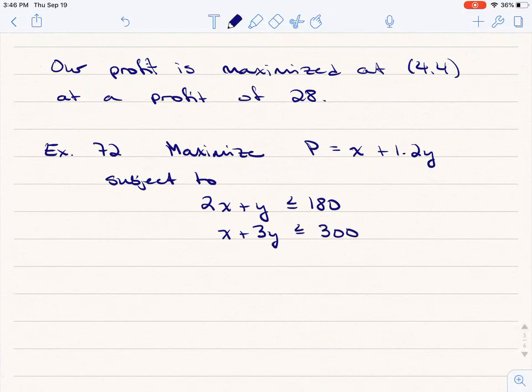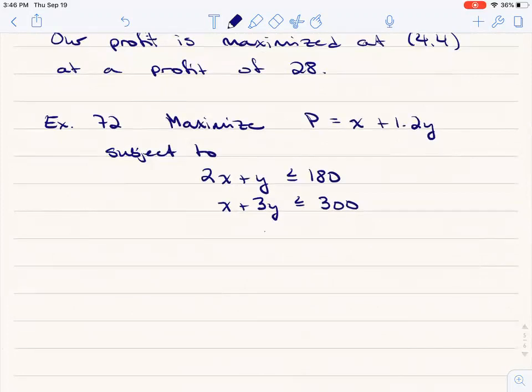Yikes. We didn't sign up for this. I know. But the idea stays the same. And of course, our default ones, x has to be greater than or equal to 0, and y has to be greater than or equal to 0.